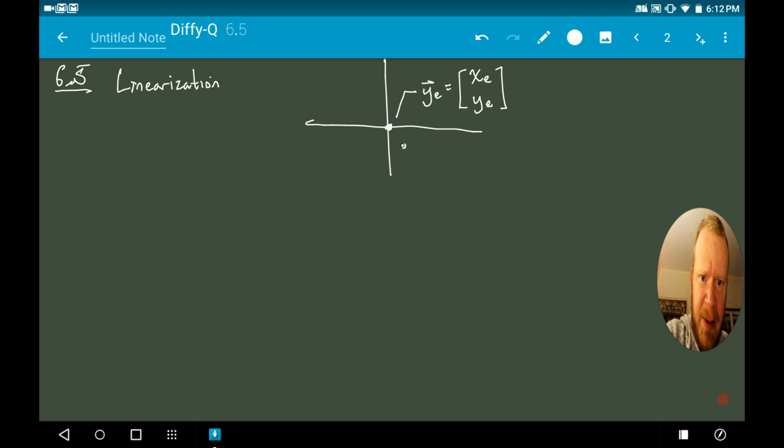And we're just going to kind of take some point that's arbitrarily close to that and figure out what's going on at that point. So that's going to have coordinates X and Y.